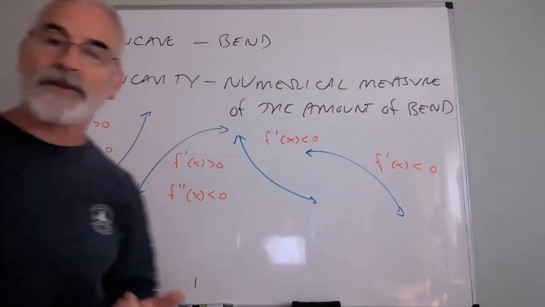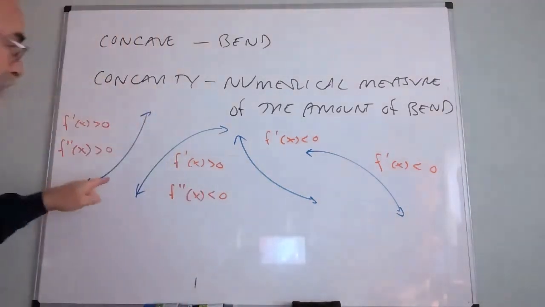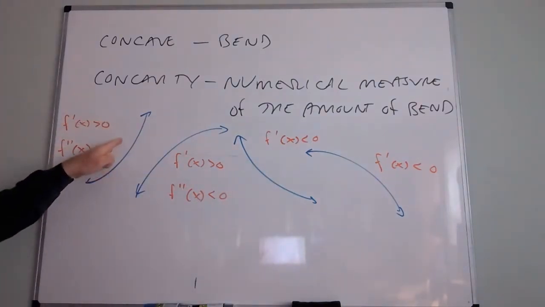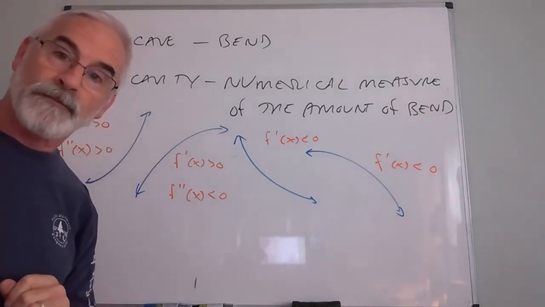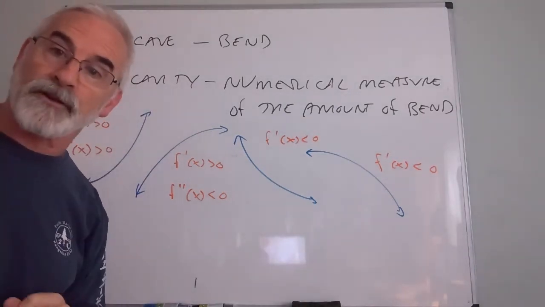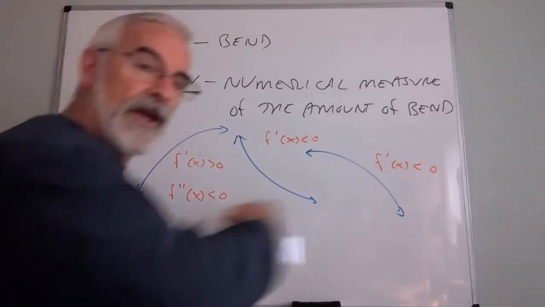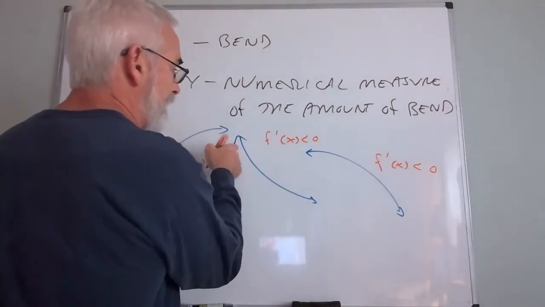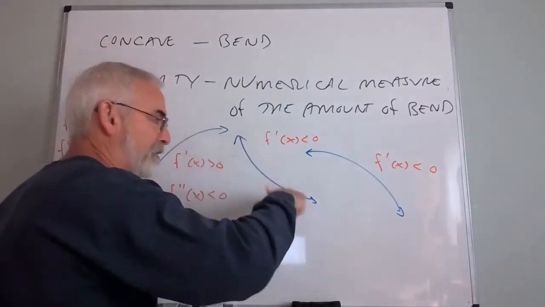And the easiest way to think about this, if this was a road, which way are you turning your steering wheel? As you're moving left to right, if this was a road, your steering wheel would be turned to the left. If this was a road, your steering wheel would be turned to the right. And that would always indicate your concavity, whether it's positive or negative, always. Again, the number line moves left to right. So in this case here, I went from really steep negative to less negative to less negative, which means technically I'm actually speeding up.